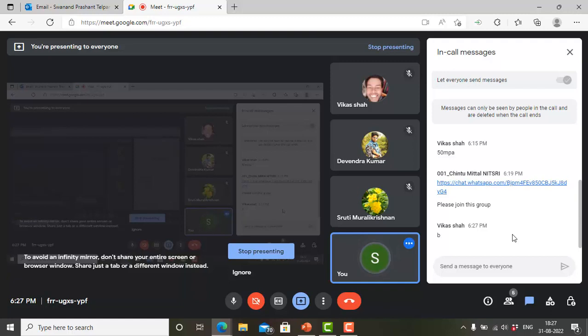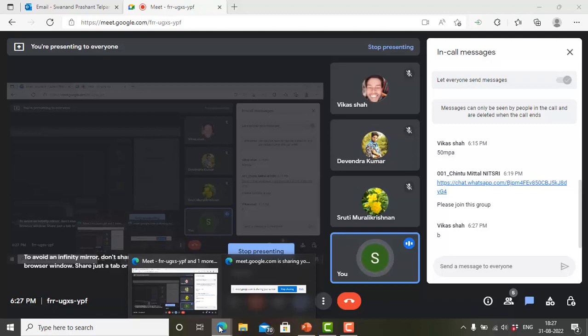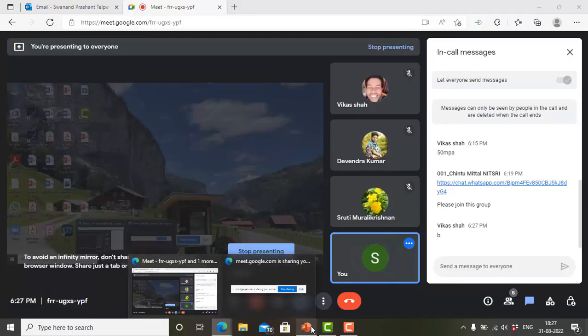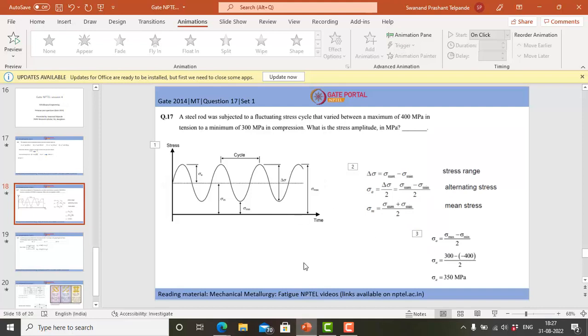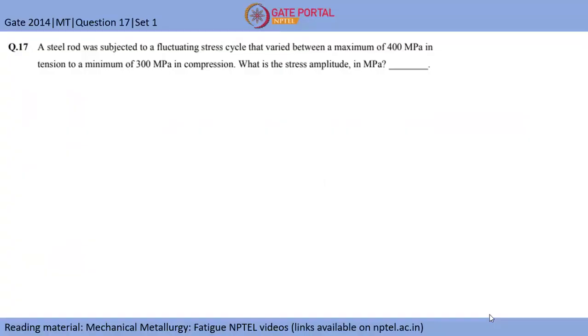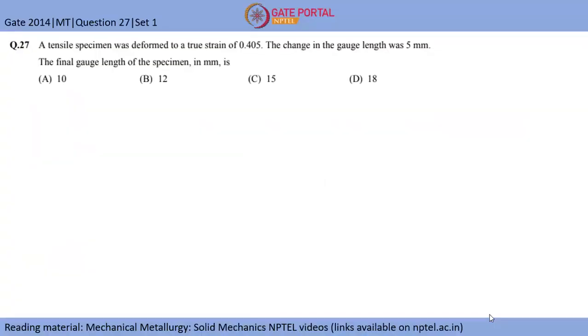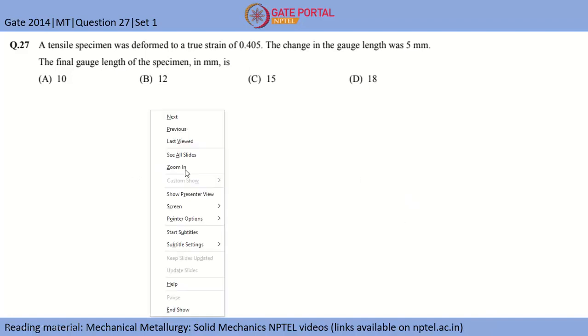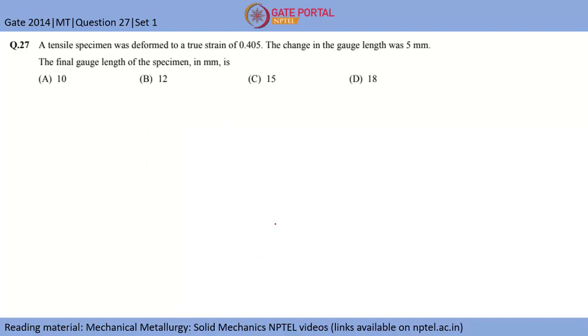Okay, let's solve this question. We will go step-wise, like what is the formula and how we can solve it, and then directly come to the answer. So this is question number 27, GATE Metallurgical Engineering 2014 question paper.